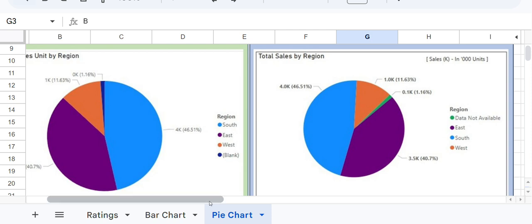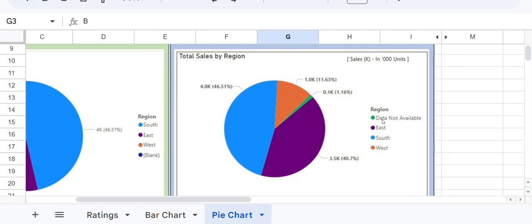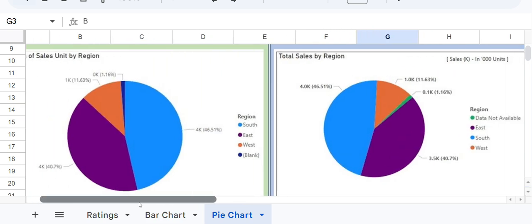So for the time being, what you can do is label it, for example, data was not available, so the user should be aware of what happened to that data. If you can treat that, remove it. But removing is not always the solution because it is constituting around 1.16%. Even compared to 46% or 40%, it is low, but it is significant in amount. So you cannot altogether just remove that.